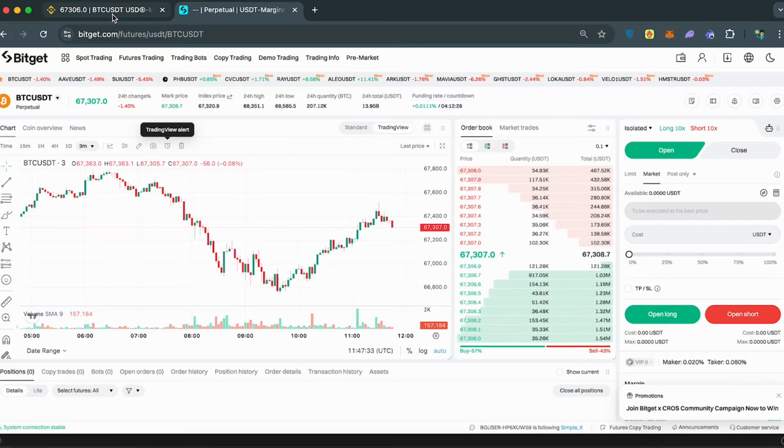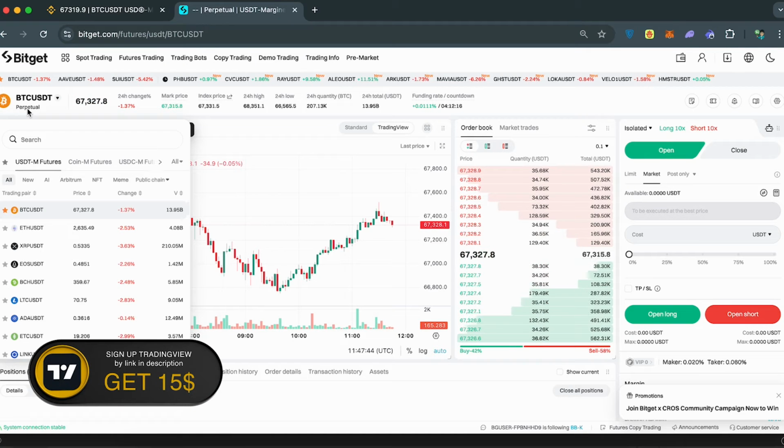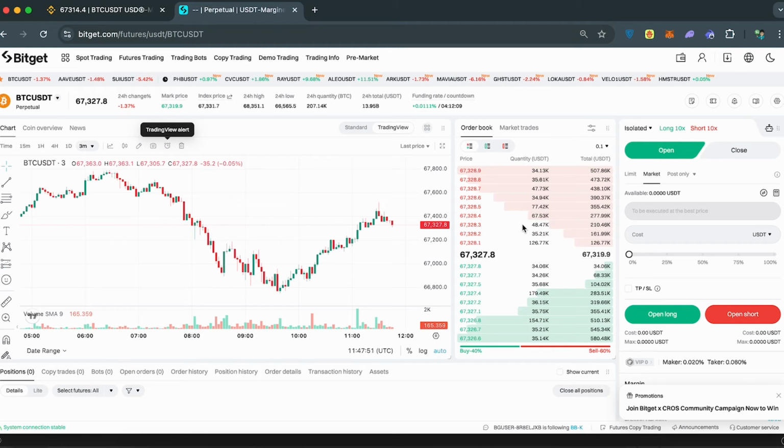I open BitGet futures. The prices between the futures and the spot on the same asset can be absolutely different, and the price of BTC/USDT futures on BitGet and BTC/USDT on Binance can also be different.